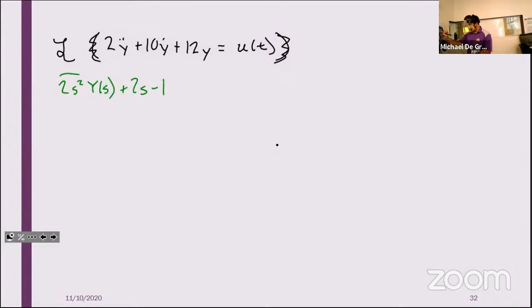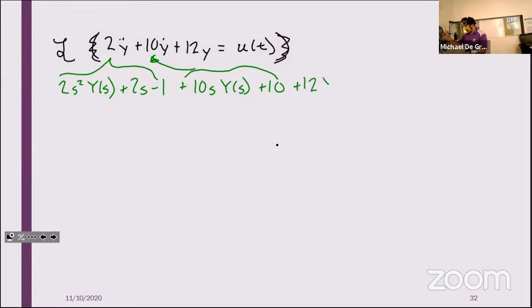That all was the Laplace transform of 2y double dot, plus 10s y of s plus 10. This all goes to there. Plus 12 y of s is equal to 4 over s times u of s. I forgot to put the u of s in. I apologize. All right, so let's go back.